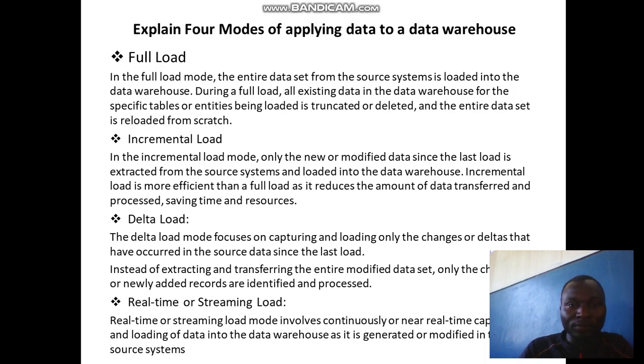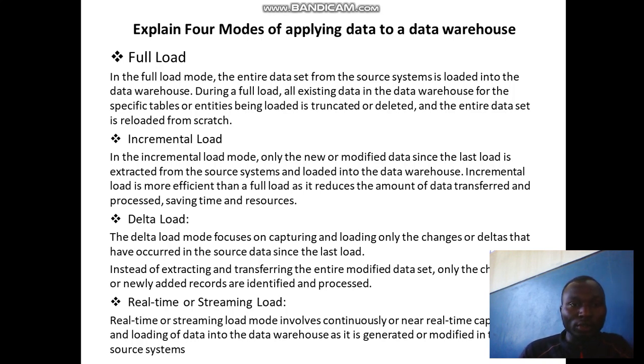During this mode, all existing data in the data warehouse for the specific tables or entities being loaded is truncated or deleted, and the entire data set is reloaded from scratch.